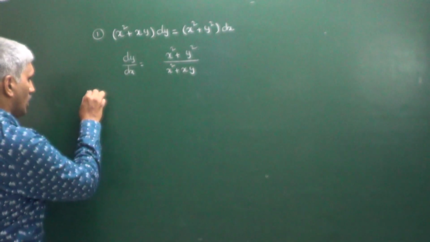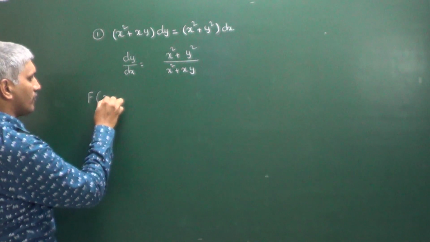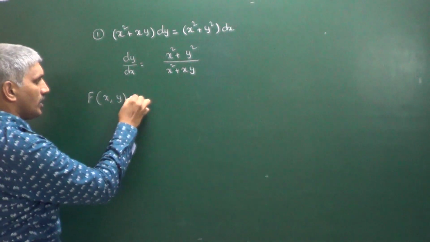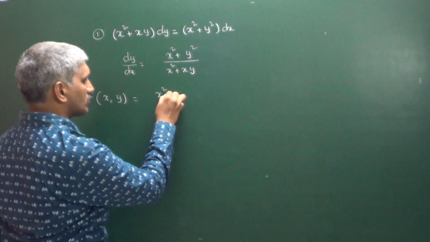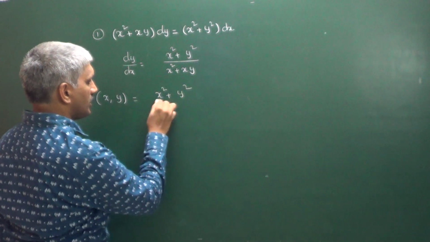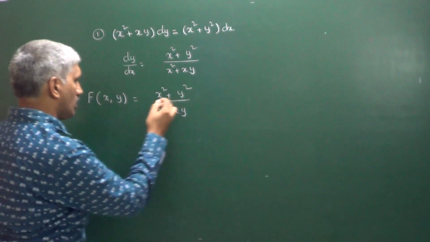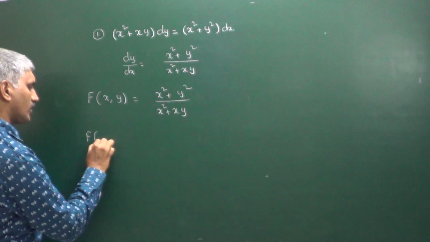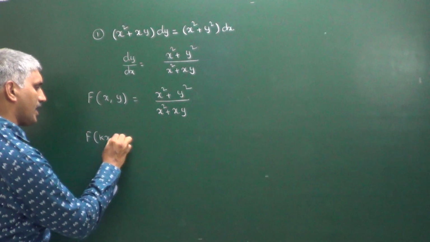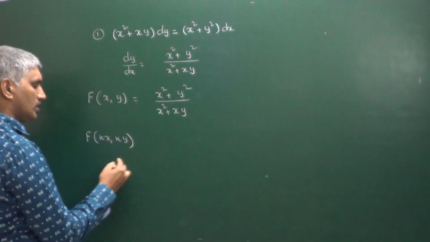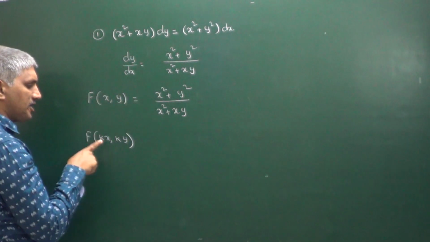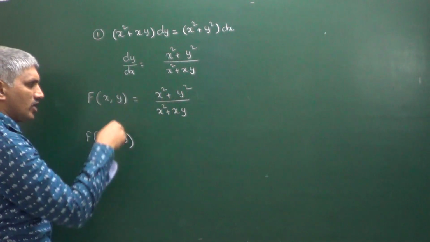Observe here. Now I am considering f of x comma y is equal to (x square plus y square) divided by (x square plus xy). Now find out f of kx comma ky. That means in place of x we have to write kx, in place of y we have to write ky.